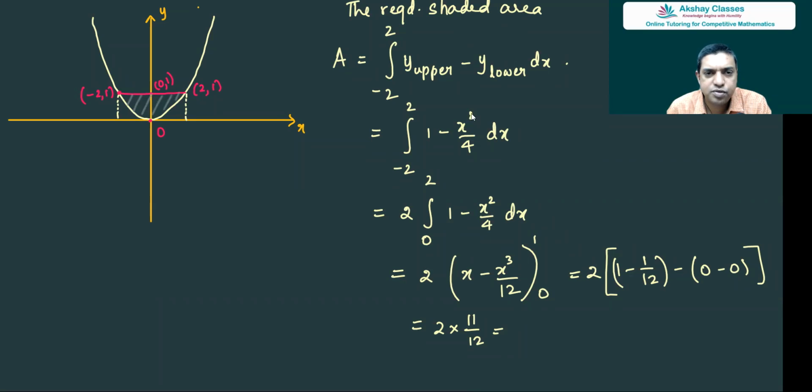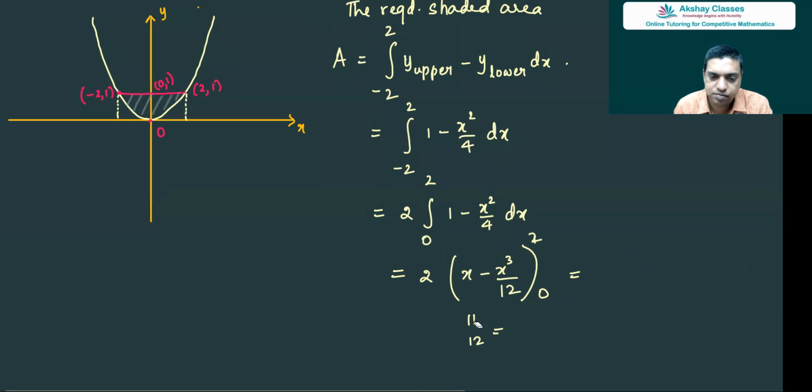Y upper minus y lower from minus 2 to 2. Oh, sir, this upper limit will be 2, 0 to 2. I'm sorry, upper limit, I made a mistake. So we get 2 times 2 minus 2 cube by 12 minus 0.